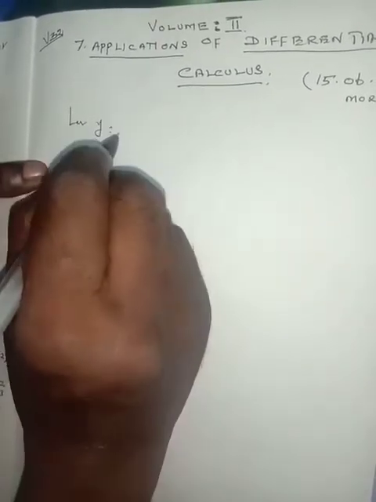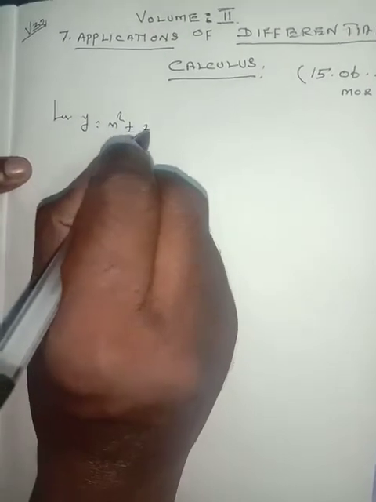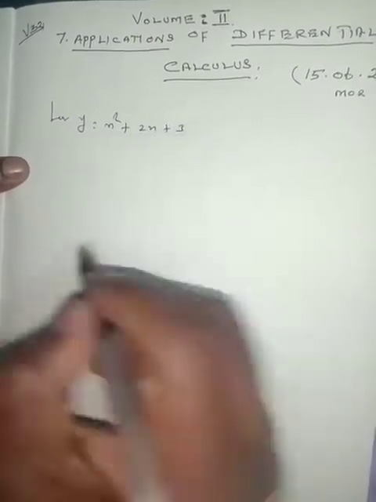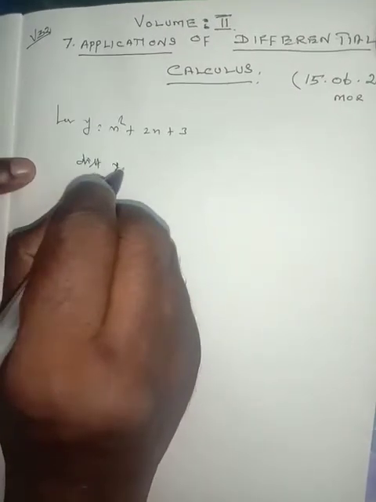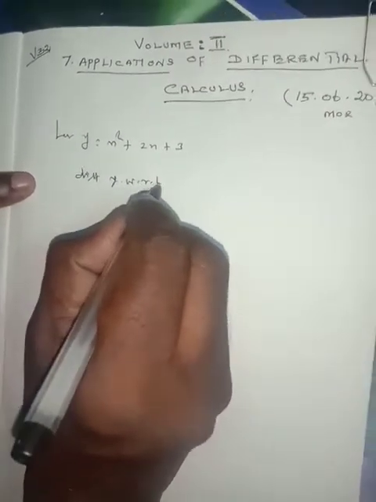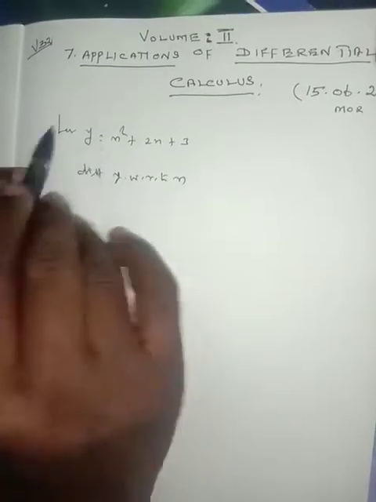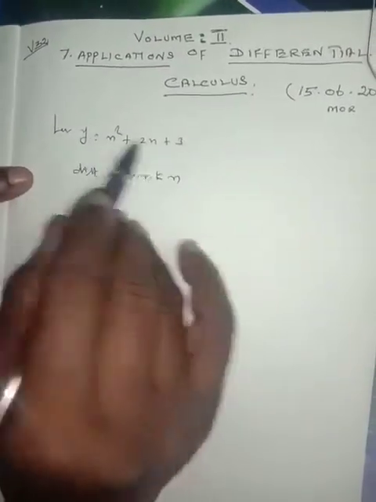Let y is equal to x square plus 2x plus 3, differentiate y with respect to x. Left hand side variable is y, right hand side variable is x.